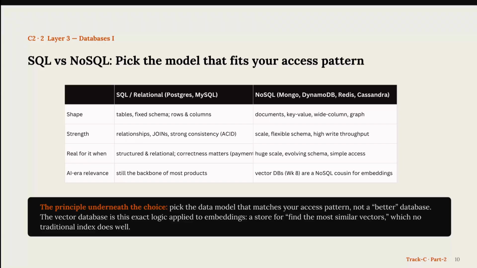So what is the typical difference between SQL and NoSQL, or no structured query language? While there is some structure, examples of SQL or relational databases are Postgres, MySQL, and so on. NoSQL is typically document structured or key-value paired. So MongoDB, DynamoDB, Redis, Cassandra, all of these live in this space.